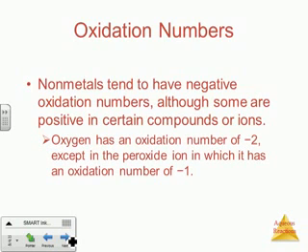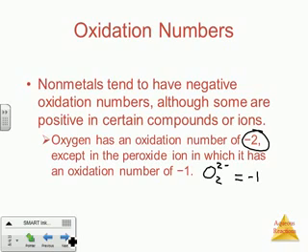So here are some of the specific rules for the nonmetals. Oxygen almost always has an oxidation number of -2. The one exception that you need to know about is the peroxide ion. Peroxide is O2 2-. As you can see there, there are 2 of those oxygens, and so overall, that's going to be a 1- charge on each of the oxygens. So its oxidation number is also going to be -1 in a peroxide.